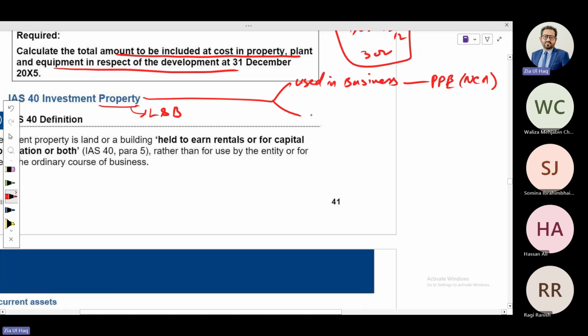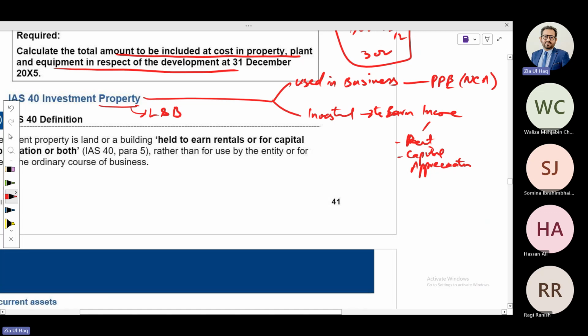But if we have any property that we are not using in our business, we are using this as an investment. Why? To earn income. Income could be either rent or capital appreciation. Capital appreciation means increase in its value.